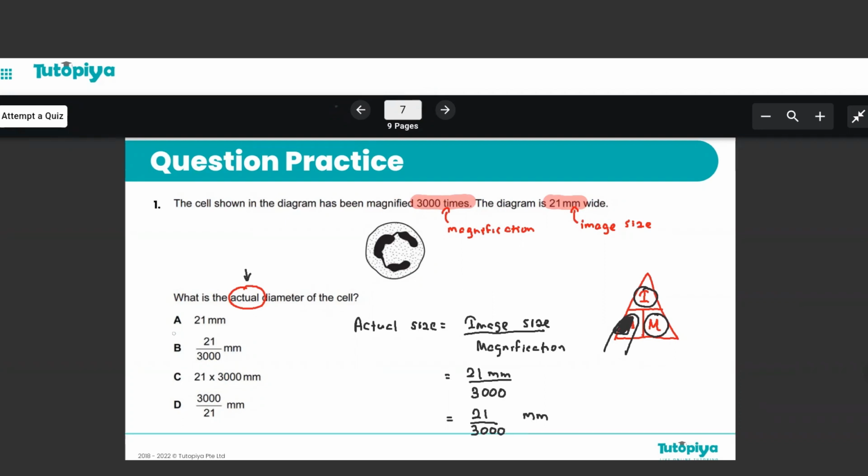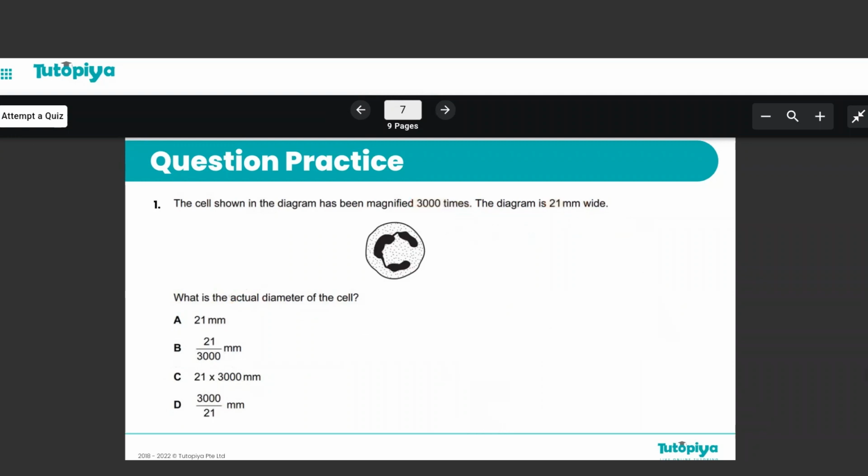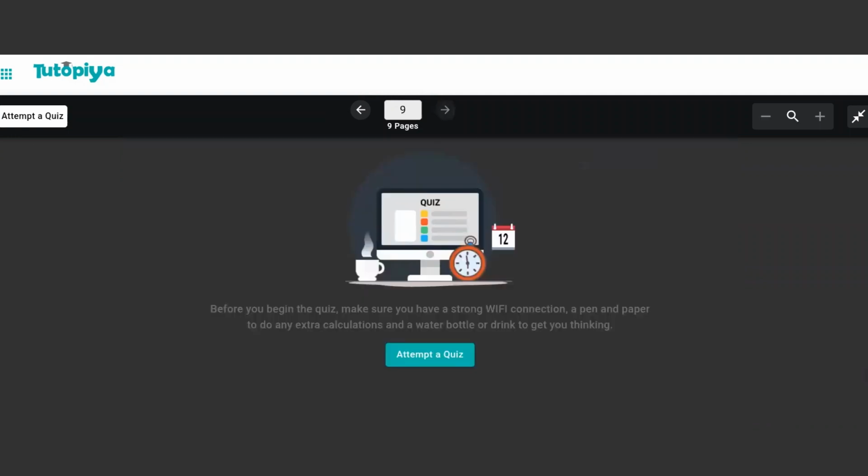As you can see, among answers A, B, C, D, that is given by answer B. So this is our second practice question. I hope all of you have learned how to answer such calculations. Let's now go to the question bank and try out one more question before we wrap up.